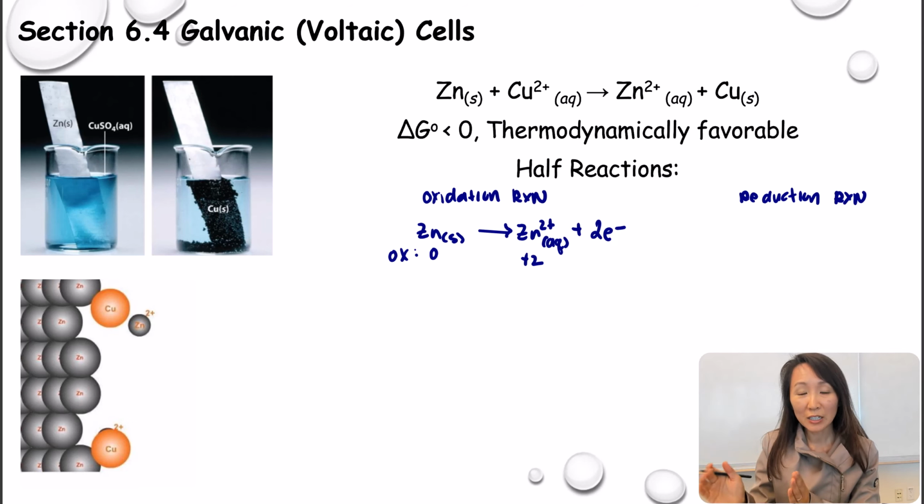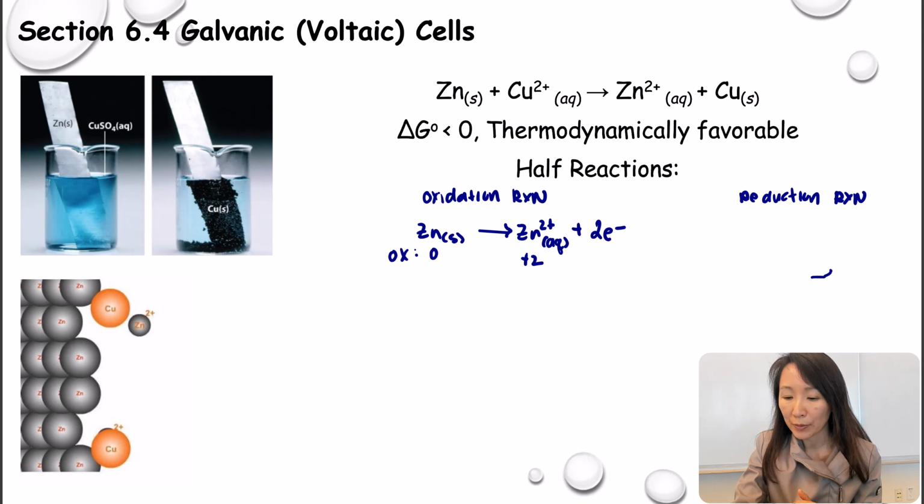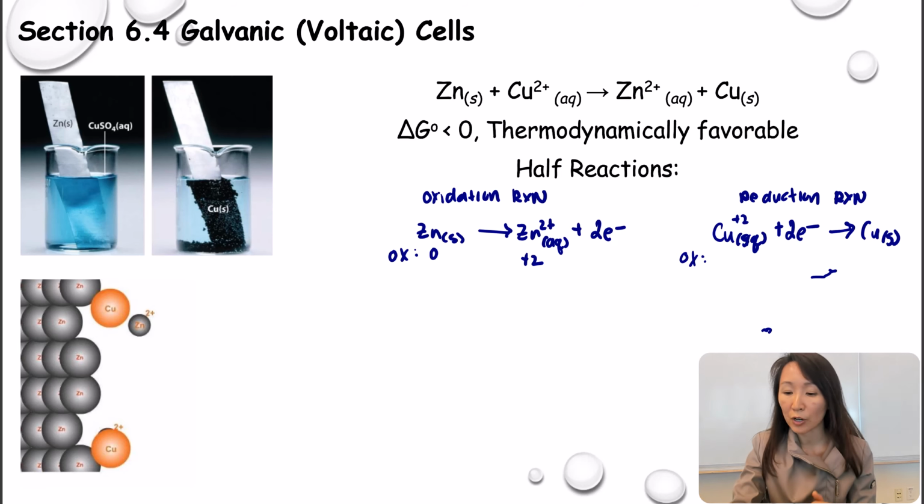Now, for the reduction process, we have copper aqueous, with a +2 charge, and it gained 2 electrons in order to form copper solid. How did I know? Well, the oxidation number for copper 2+ is +2, and for copper solid is 0.